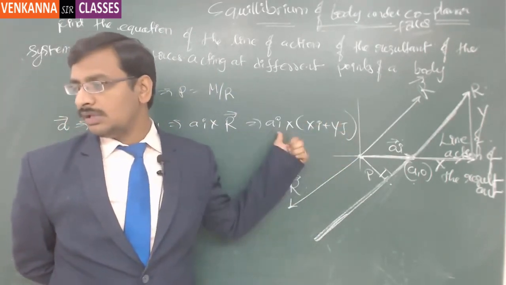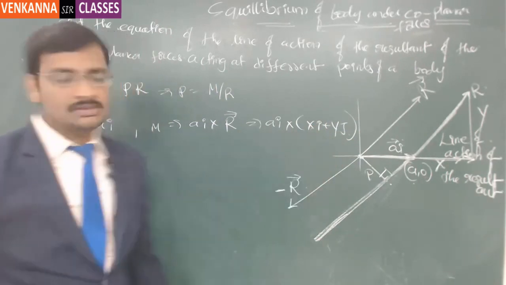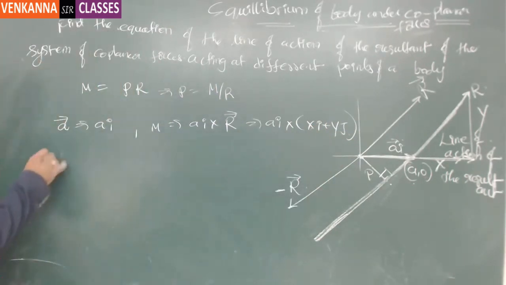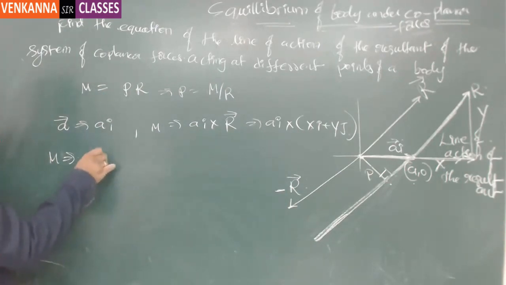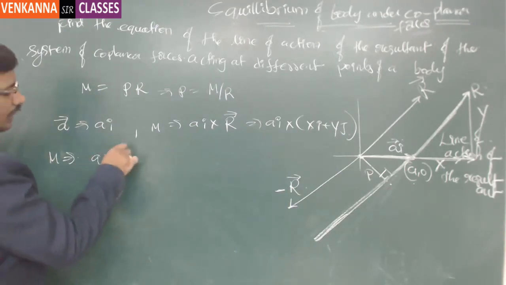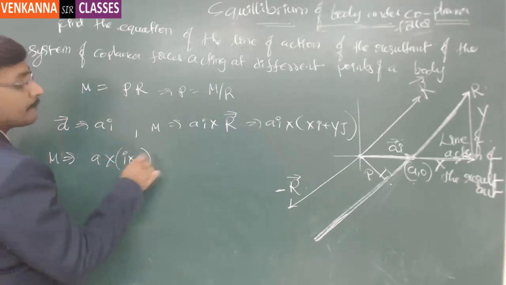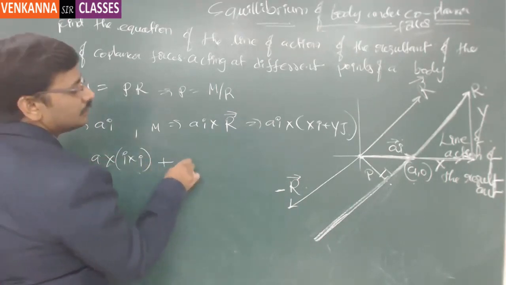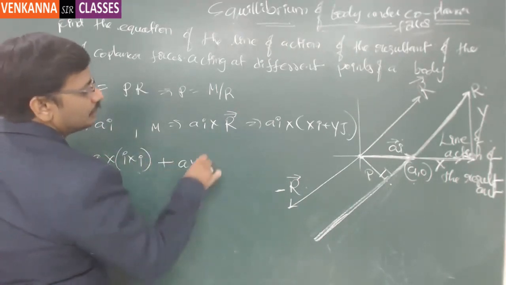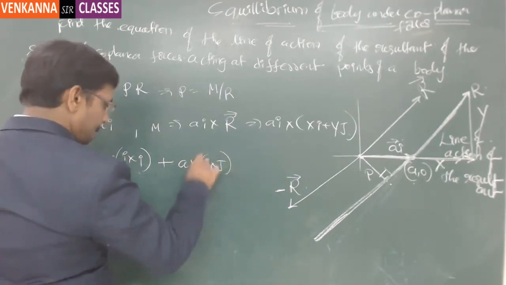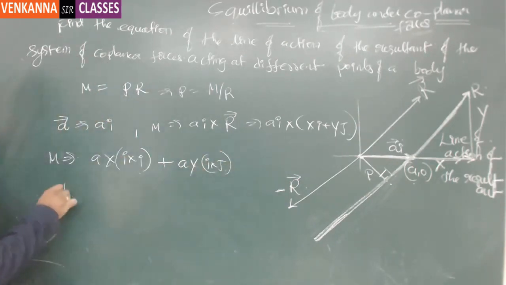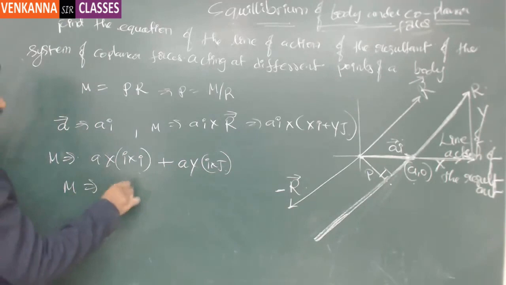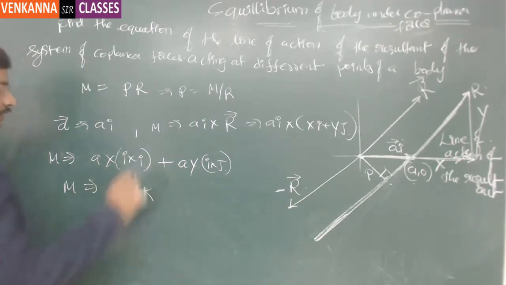Now if I do the cross product, M is equal to AX into i cross i plus AY into i cross j. So i cross i will be 0, and M is equal to AY into k. This is the moment.